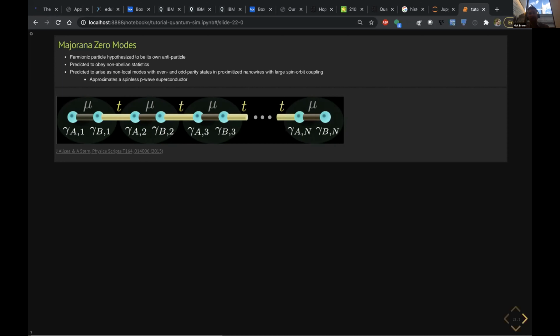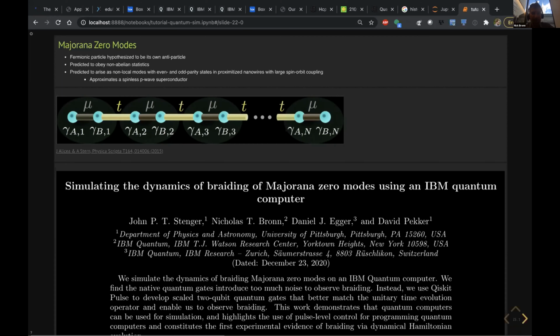But eventually, the idea is if you turn these on in the right way, you'll get Majorana zero modes that correspond to each other at the ends of this nanowire. So I'll show you a little simpler picture in the next one. But basically, the work we did was to take a very simple toy model of 3 of these wires and simulate the dynamics of braiding them around using a quantum computer and using all these techniques I was just kind of introducing. And that's what I'd like to show you today.